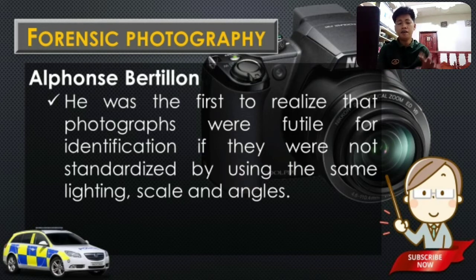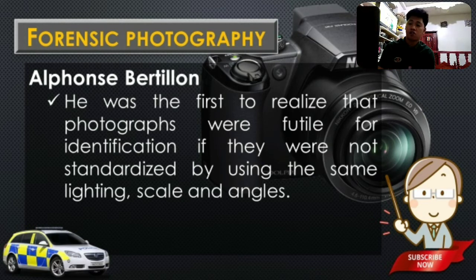So he provided a set of rules that should be followed when taking photographs of those individuals who are accused of committing a crime, or who were convicted, things like that. So actually, Alfred Bertillon was named the father of the mugshot because of this.